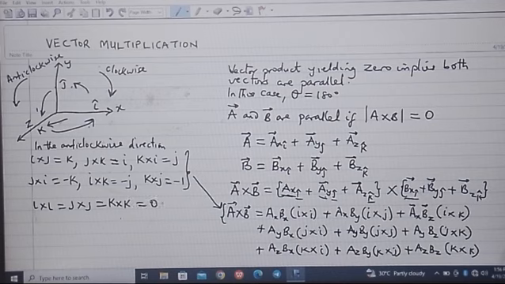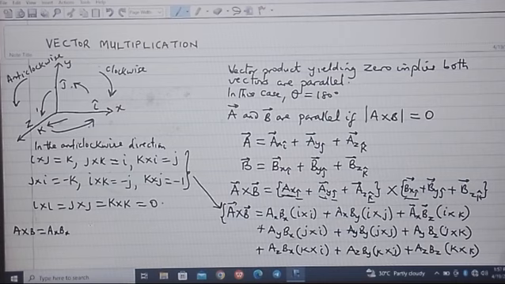Anywhere we have I cross I, we equate it to 0. Anywhere we have J cross J, we equate it to 0. Anywhere we have K cross K, we equate it to 0. So A cross B will now be equal to AX BX.